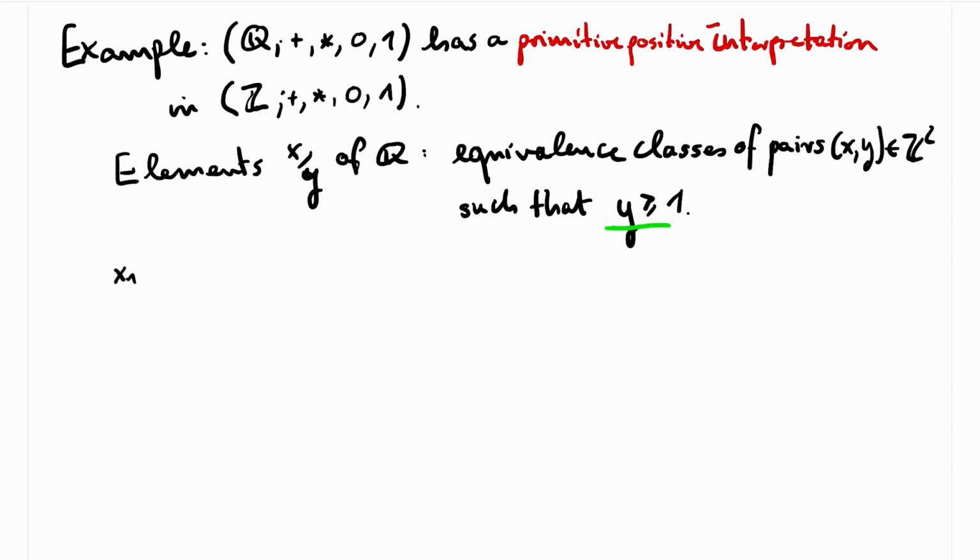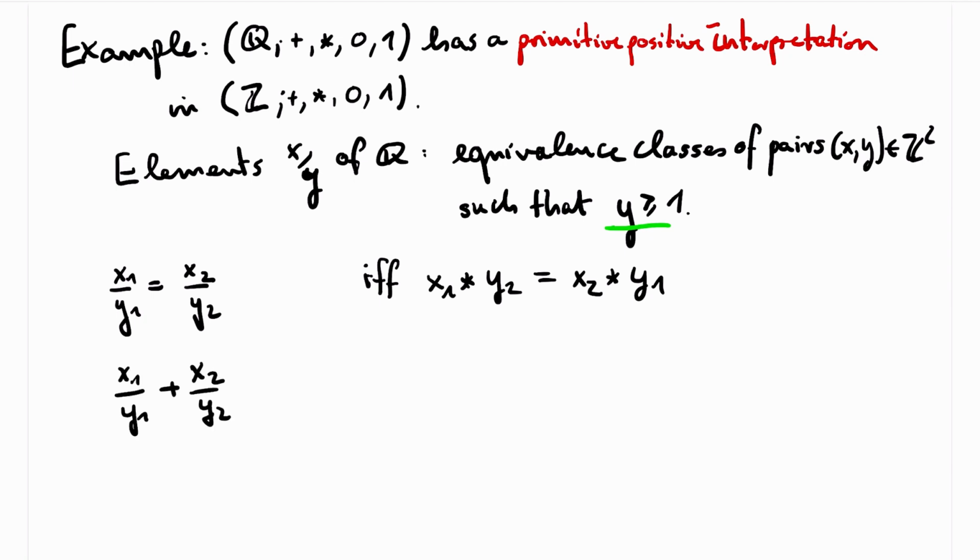Two such pairs are equivalent if they represent the same rational number, which can be expressed using multiplication over the integers. A rational number x1 over y1 equals a rational number x2 over y2 if and only if x1 times y2 equals x2 times y1.